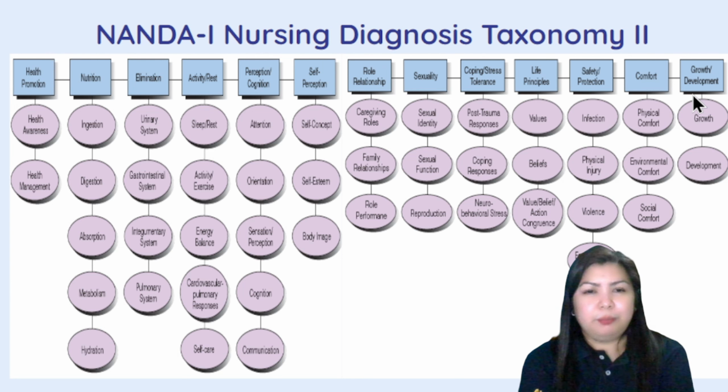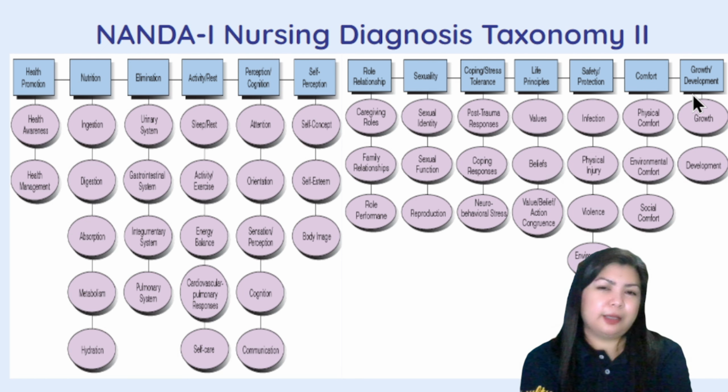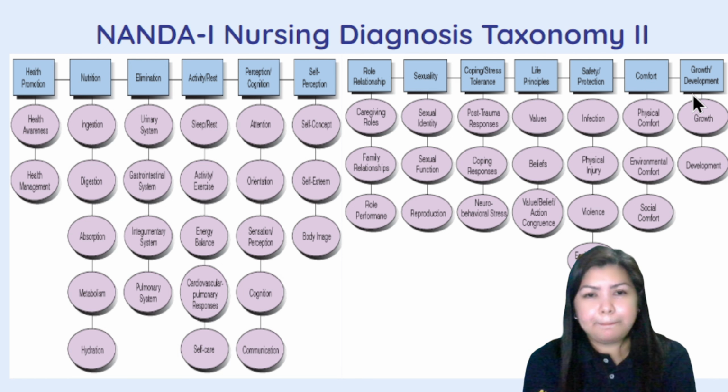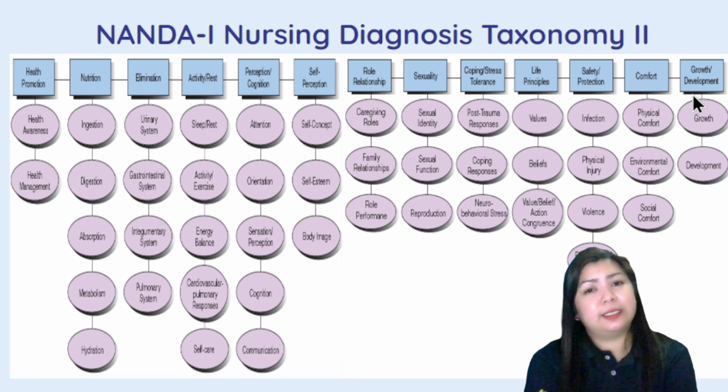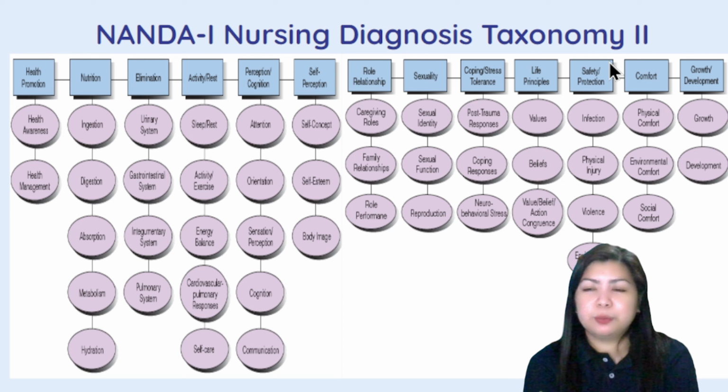Meaning that part of your nurse's packet guide is the most updated listing of all the nursing diagnoses readily available. Now, in 2002, this Taxonomy 2 was adopted, which was based on the functional health pattern assessment framework by Dr. Mary Joy Gordon.